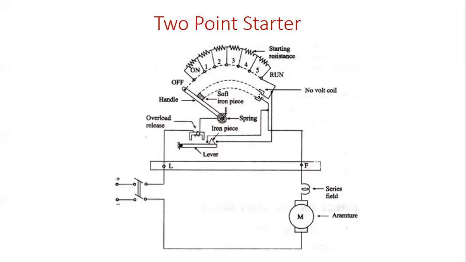Since it was previously an electromagnet, the soft iron in the handle of the starter got attracted towards this magnet, but now this relay will not attract any iron piece, so it will release the handle from the run position to the off position, right? So the motor will not rotate, its speed will come to zero, right?